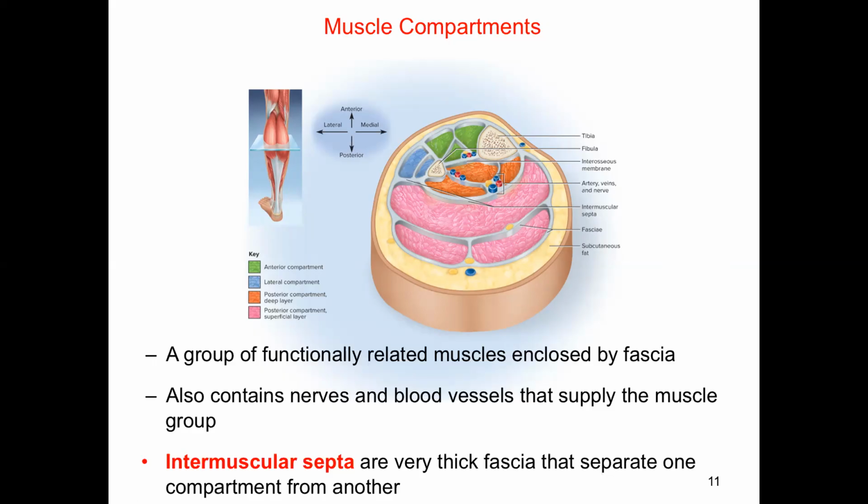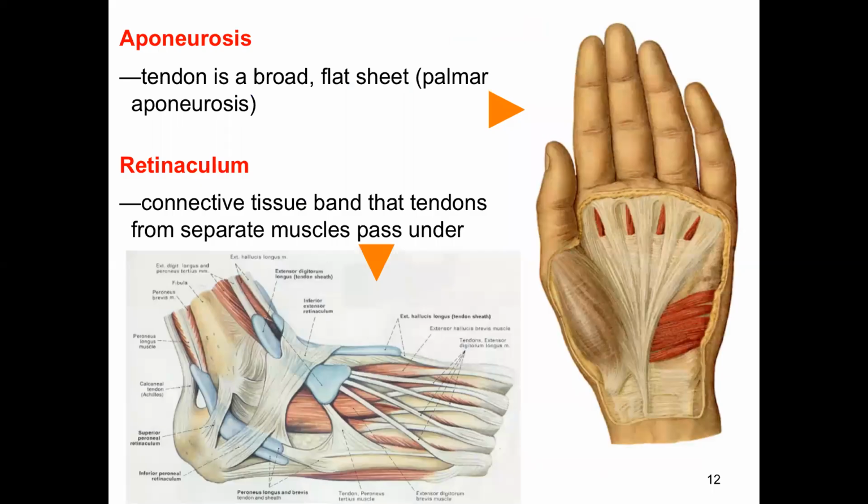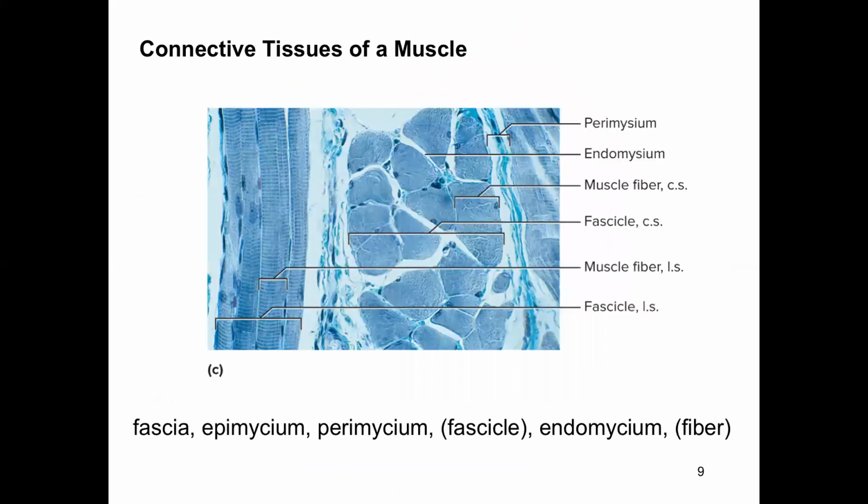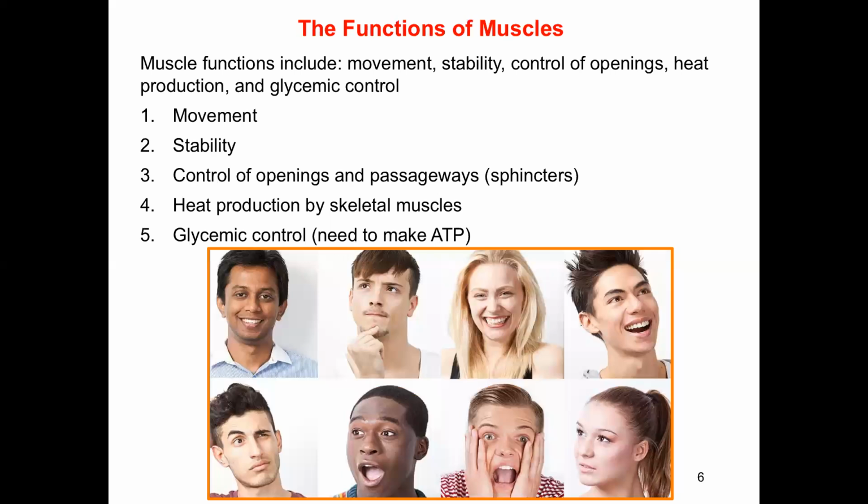All right, now other terms to learn. And these might seem very similar at the outset, but I will show you how they're different. So one is called an aponeurosis, and this is a very broad tendon, like a very flat sheet. Okay, there's one on the head that I'll show you later. Actually, maybe it's even on this slide, so you can sort of see it.